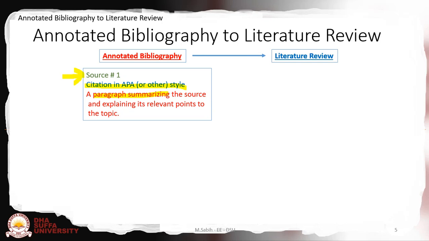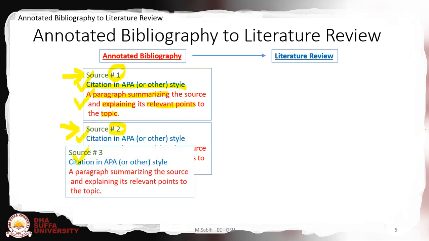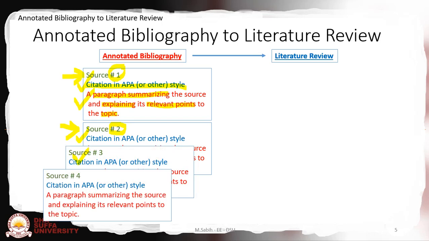It's the main points discussed in the source and the points relevant to your topic. And the same thing you do for the other sources. So annotated bibliography means for one source you cite it well and you write a paragraph summarizing it, and then you turn to the second source, you cite it well, and then you write a paragraph, and so on for source number 3, source number 4, and so on.